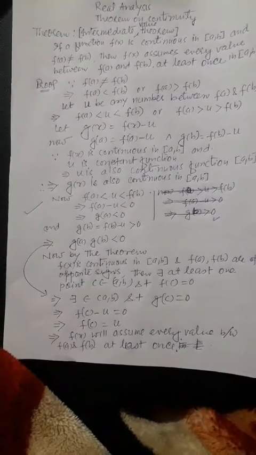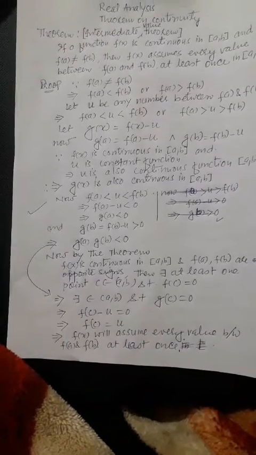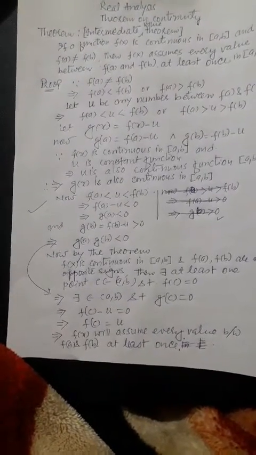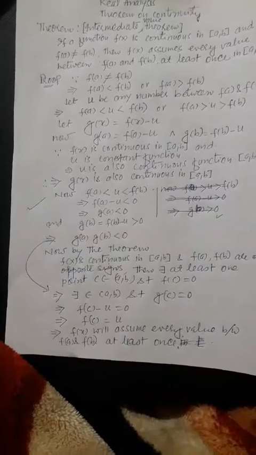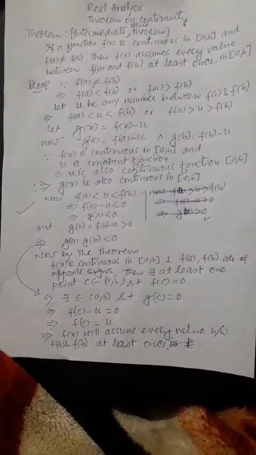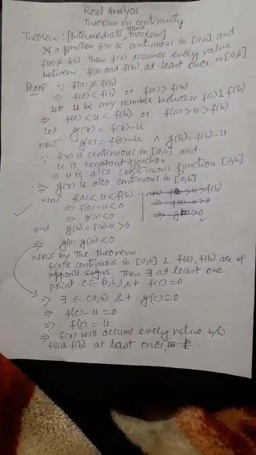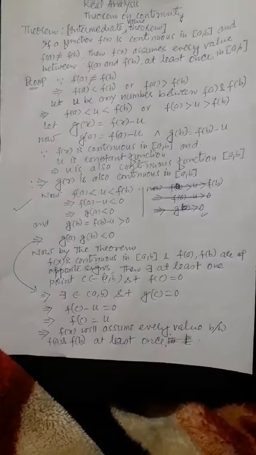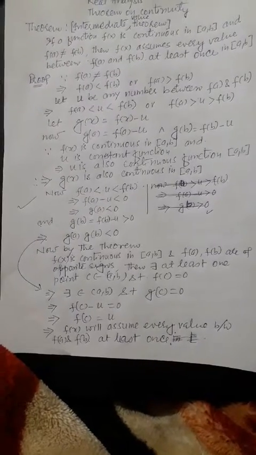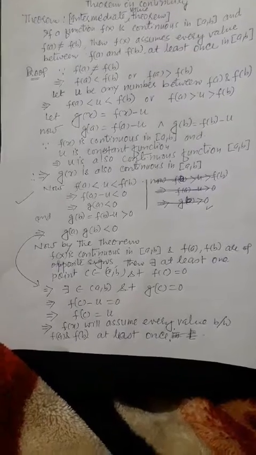Similarly, at b, value of the function at a and b, which are endpoints, are not equal. Then f(x) assumes every value between f(a) and f(b) at least once in the closed interval [a, b].